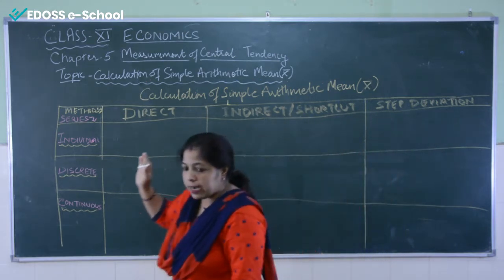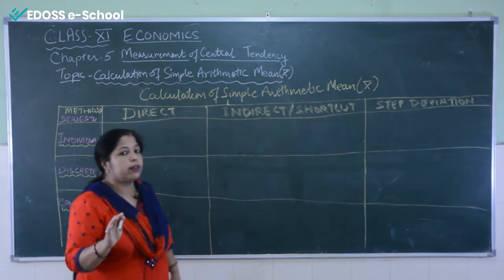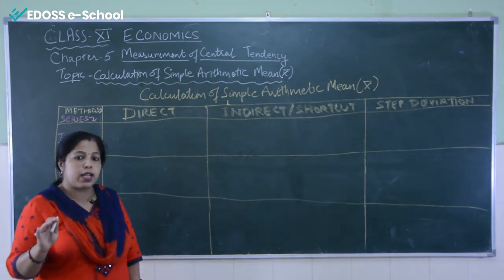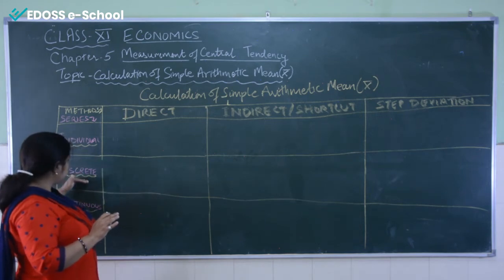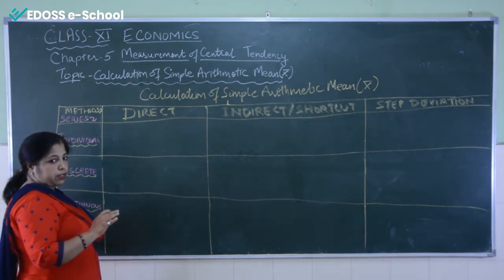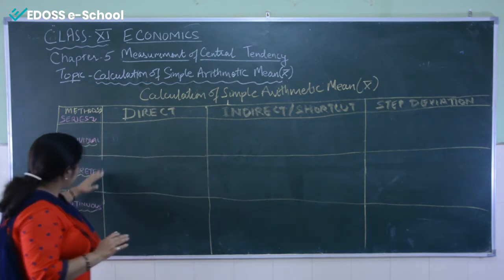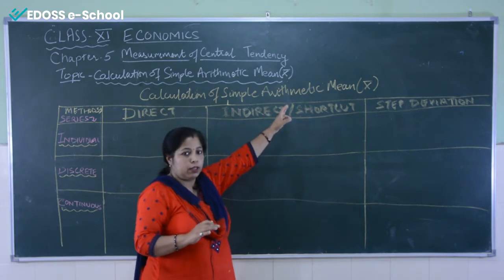Now in statistics, every numerical, every topic is calculated under three series, as you all know, which we have covered in the previous classes. The three series are individual series, discrete series, and continuous series. So we are going to have three methods and three series, and we are going to calculate simple arithmetic mean.